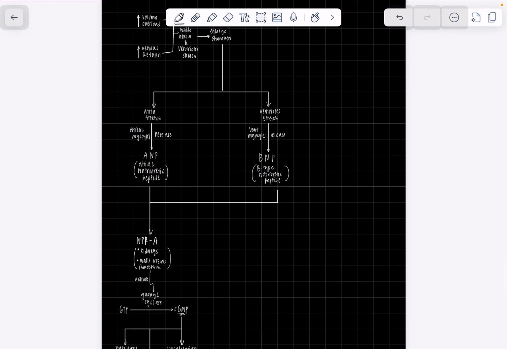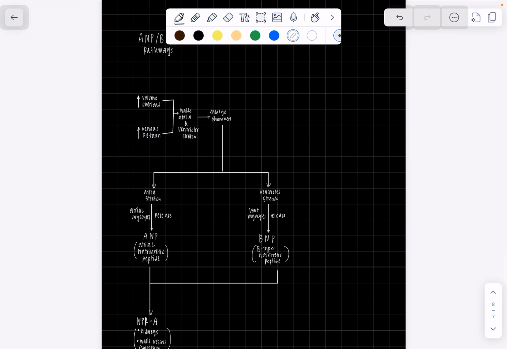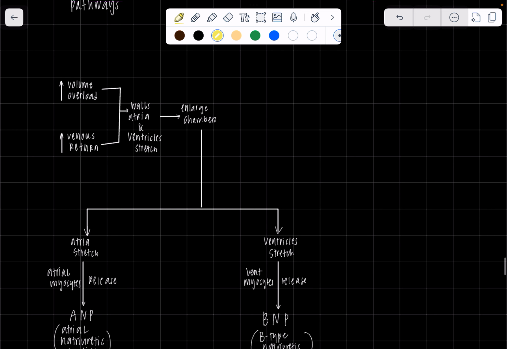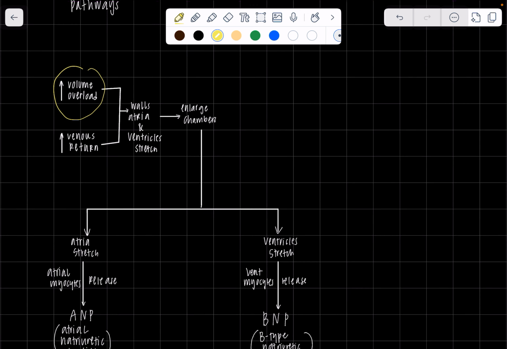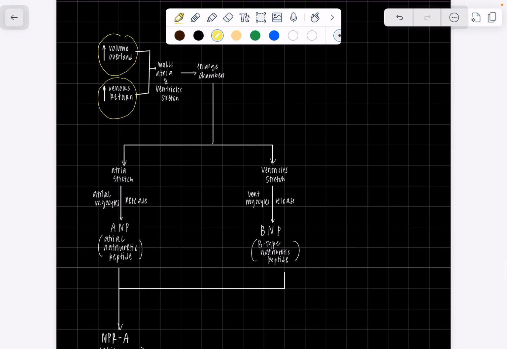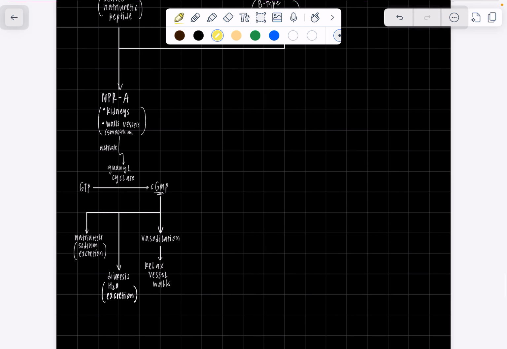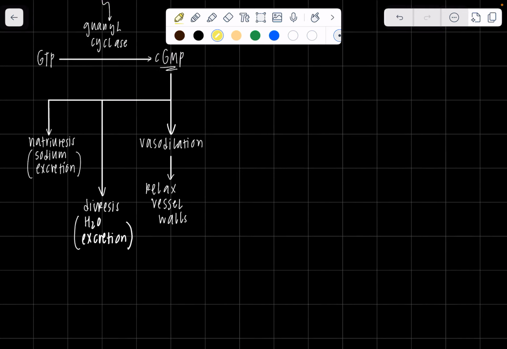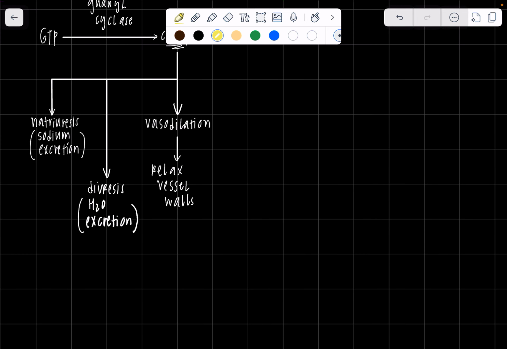We talked about how the ANP BNP pathway got kicked off because of an increase in volume overload and an increase in venous return. So if we look down at what the NPRA receptor is doing, it tackles both of these issues.